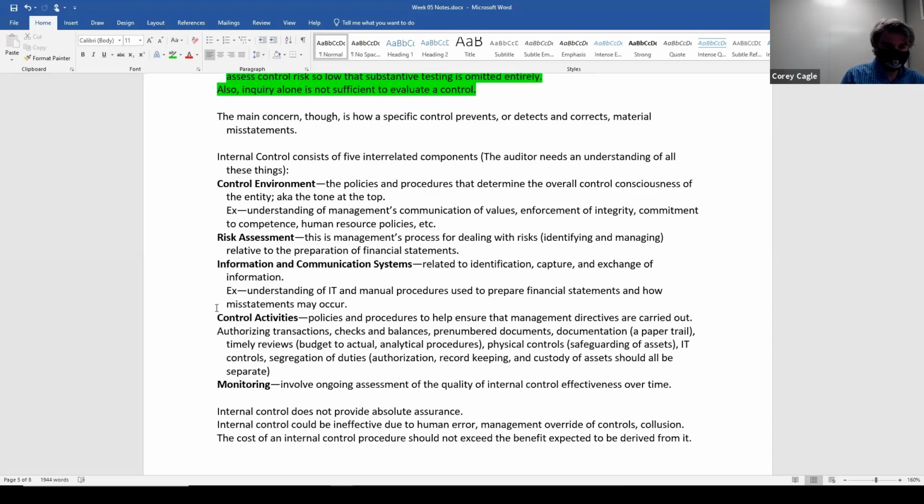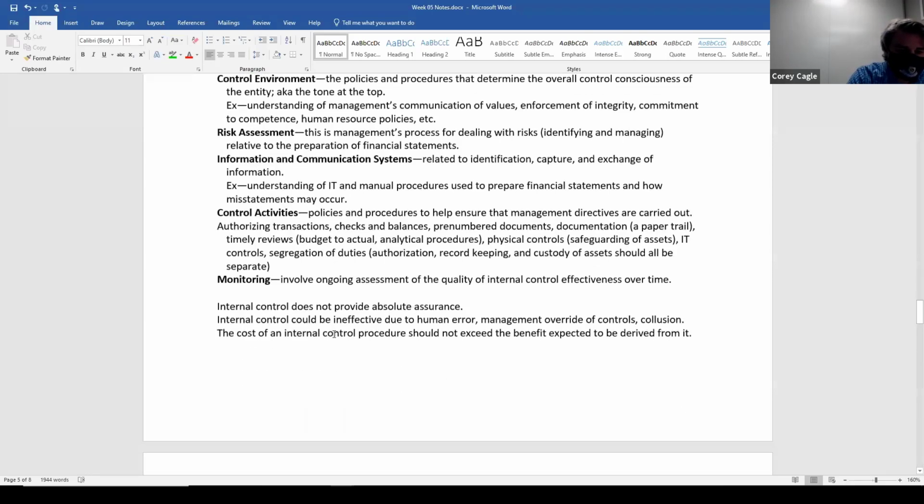Paper trail, timely reviews, safeguarding of assets, segregation of duties is a control activity. And then monitoring, we know what monitoring is too, involves the ongoing assessment of whether their internal control is still effective and remaining effective. So we want to see what they do to monitor this and where their information comes from.